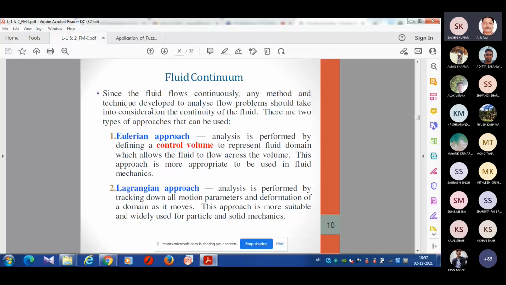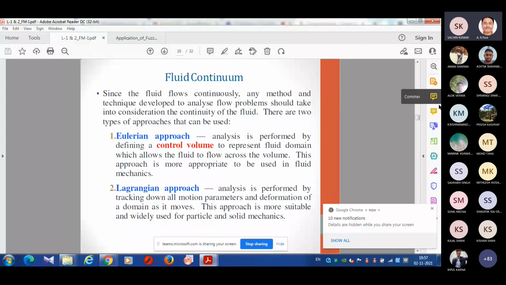So this is similar to the Eulerian approach, whereas some cameras are mounted on the shoulder of the cameramen, and cameramen are moving. Sometimes they catch a little child enjoying the Republic Day parade.